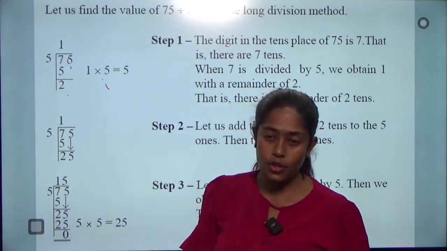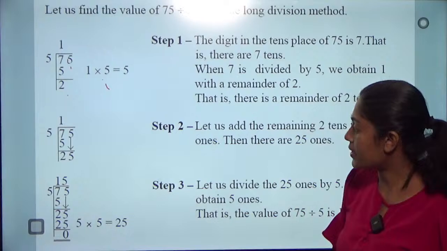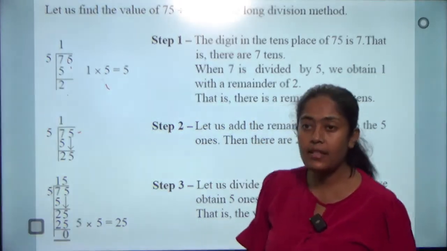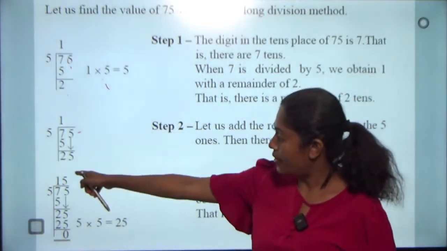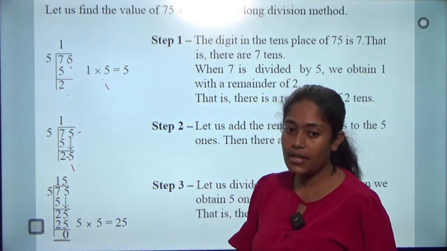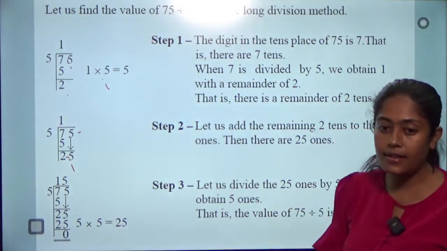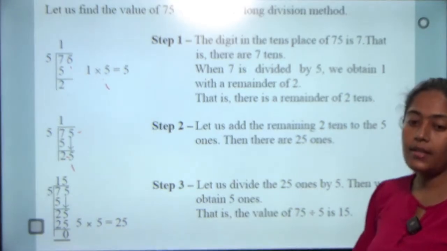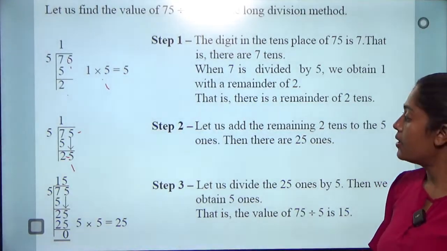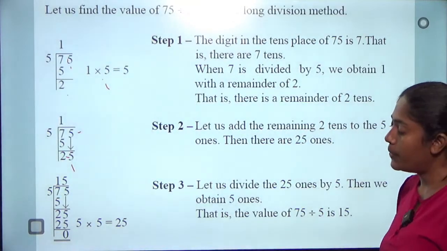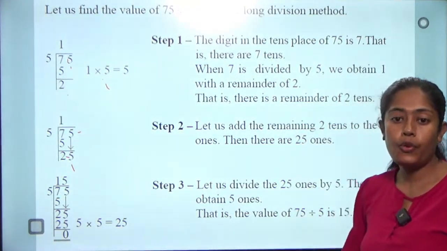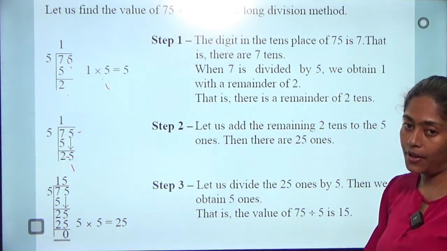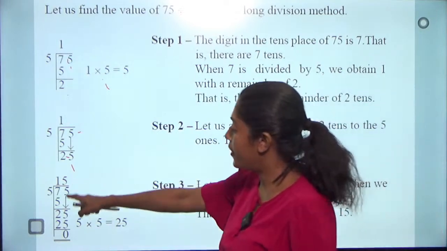The remainder is 2. Then you take the value in the unit place, that is 5. Let us add the remainder 2 tens to the 5 ones. Then there are 25 ones. Now check how many 5s are there for 25. 5, no? 5 times 5 means 25.